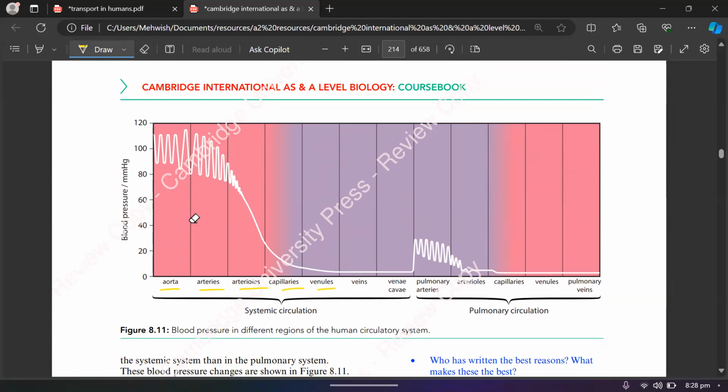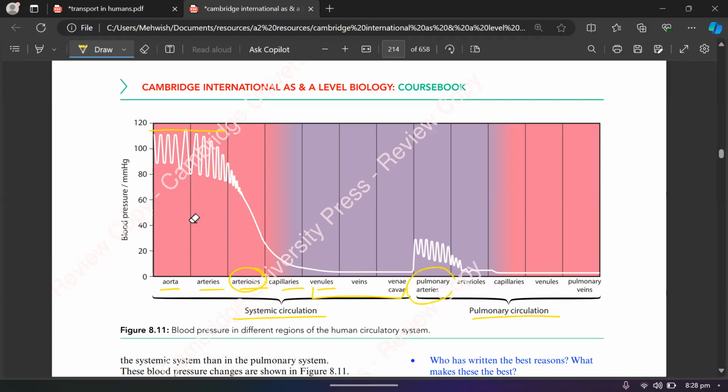This is systemic circulation, that is between the heart and the body, and this is pulmonary circulation. Okay, they have divided it into two parts. So the maximum pressure that you can see is in the aorta, then into the arteries, then into the arterioles, right? Then into the capillaries, then venules, then veins, then vena cava, right? Vena cava is the biggest one, and veins have got less pressure.